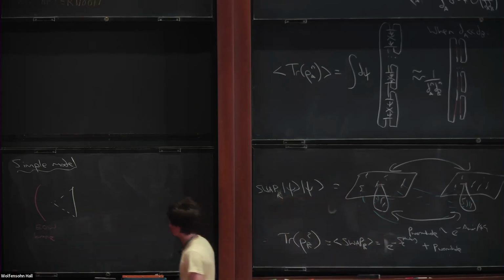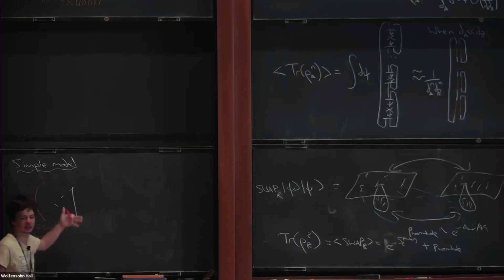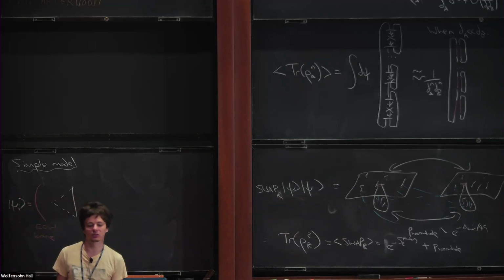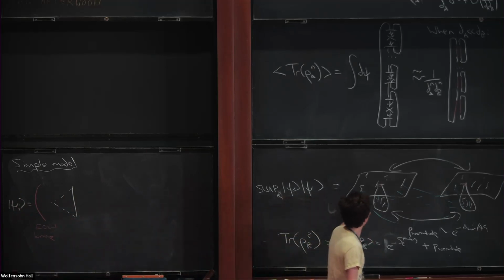So I'm going to let this end of the world brane have a set of orthogonal states I. I'm going to call the state of the black hole with the end of the world brane in state I, psi I.